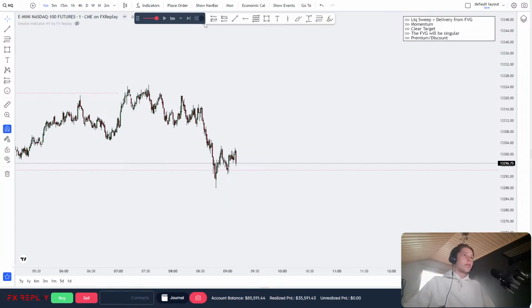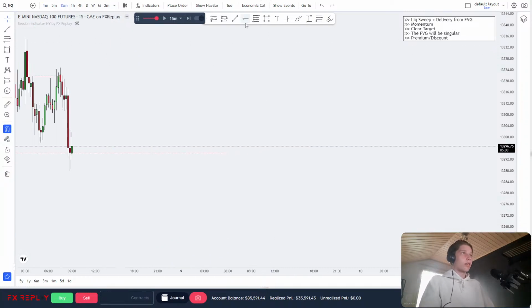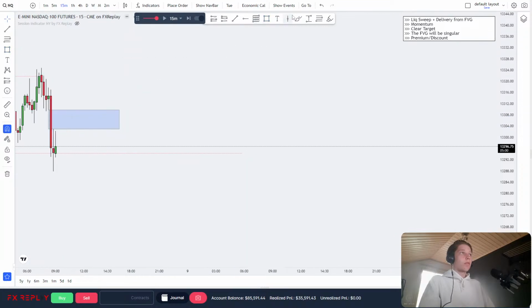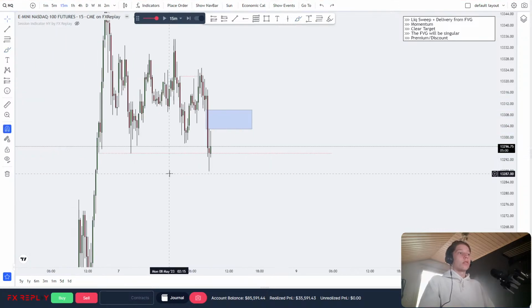So what we realistically need to see now is a delivery away from this fair value gap. Give me a bullish fair value gap in this range, and then flip that, and we can go short, targeting these lows.